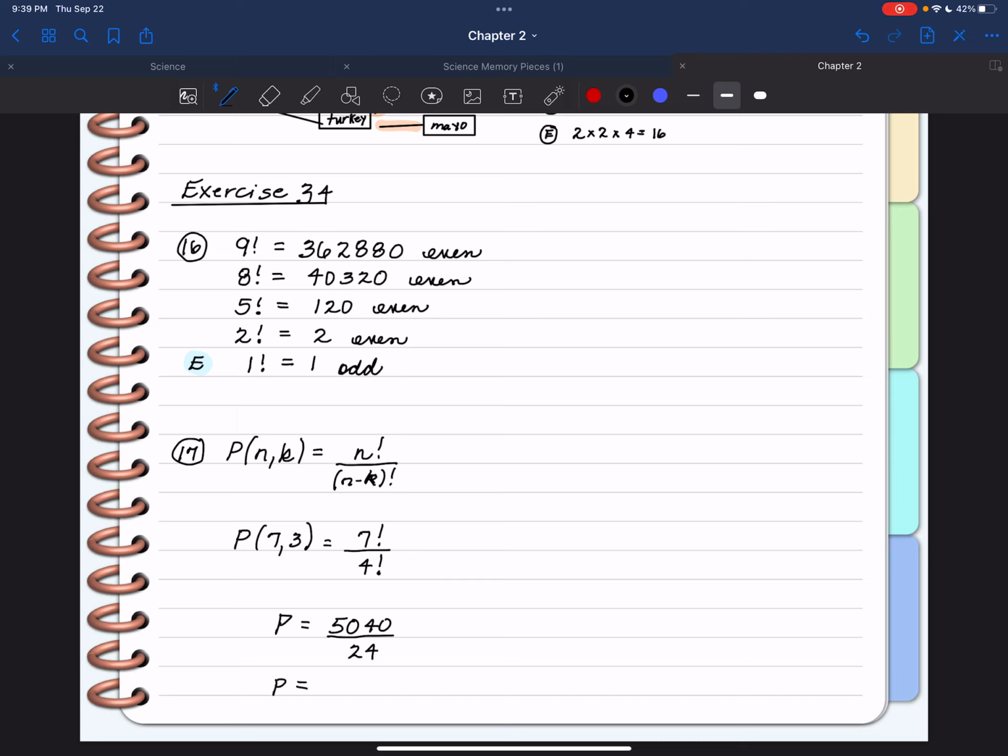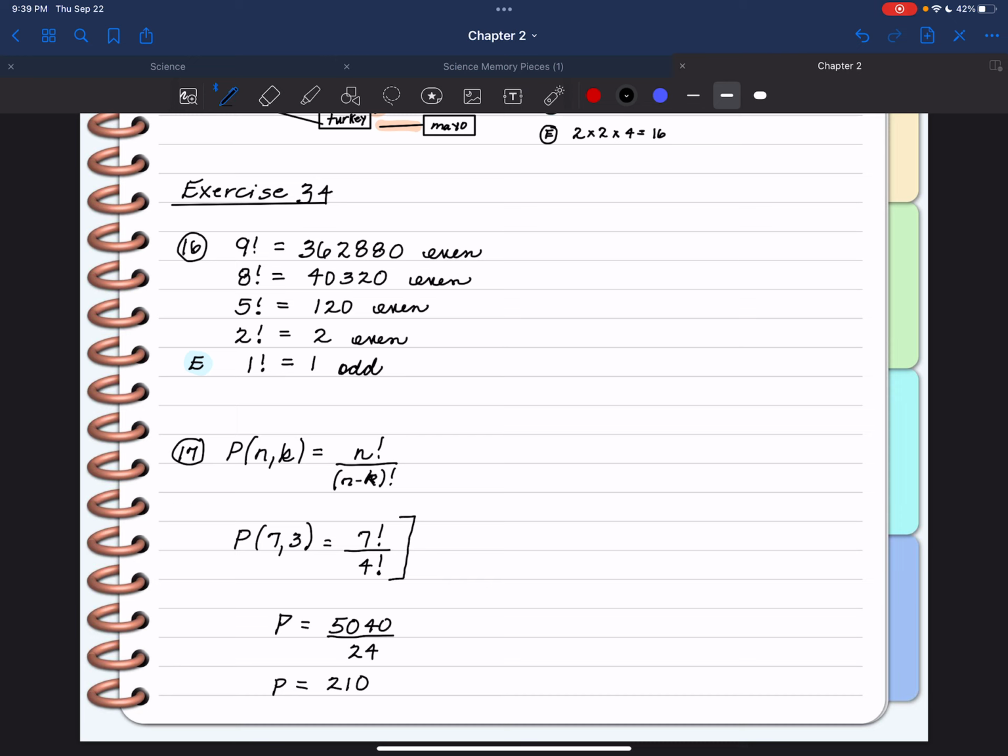And that's going to be 5040 divided by 24, which is 210. So we have to choose from these choices. And I'm going to go with A because that fits what I did right here.